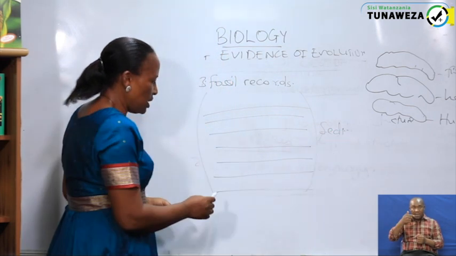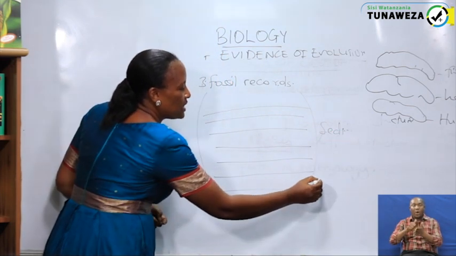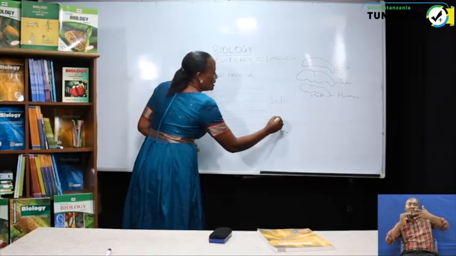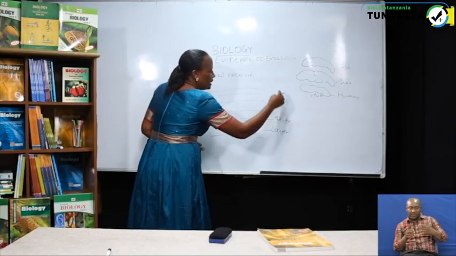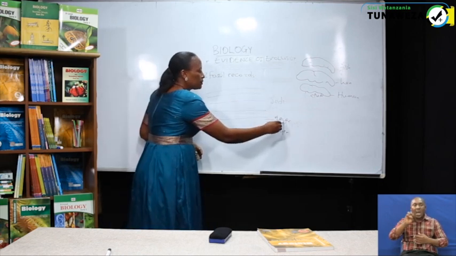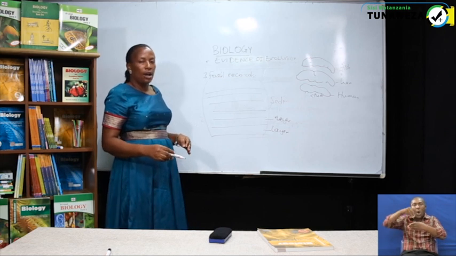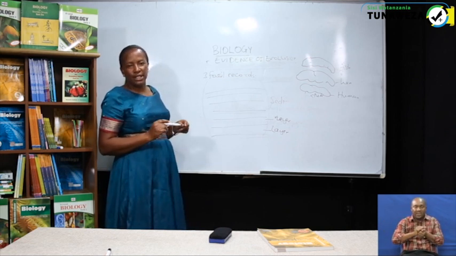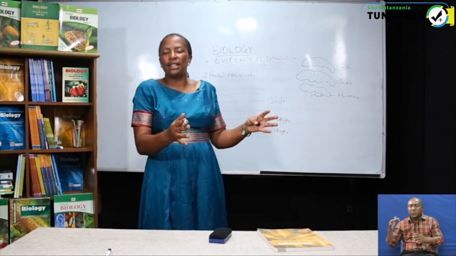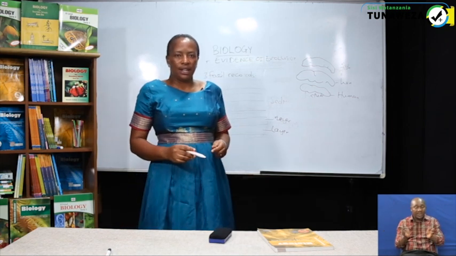This sedimentary rock has different layers: the first layer, the second layer, and the other layers. Now, these layers contain different materials which were transported from one point of the land to another point of the land.